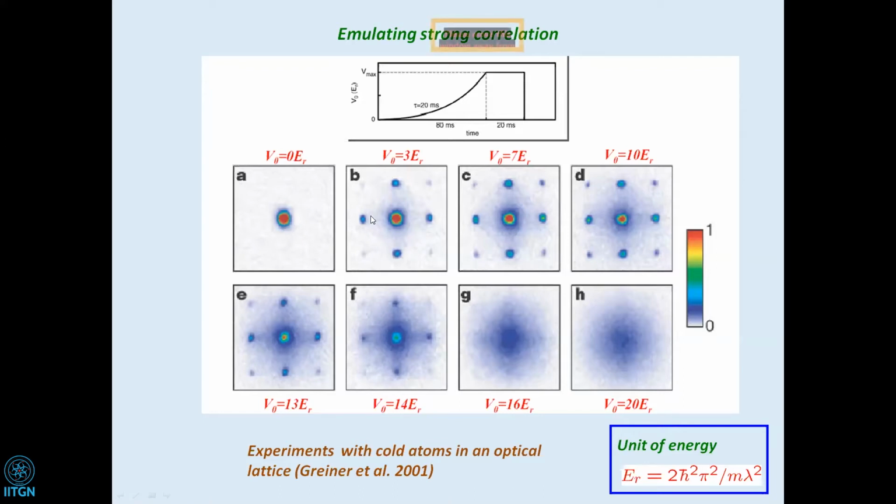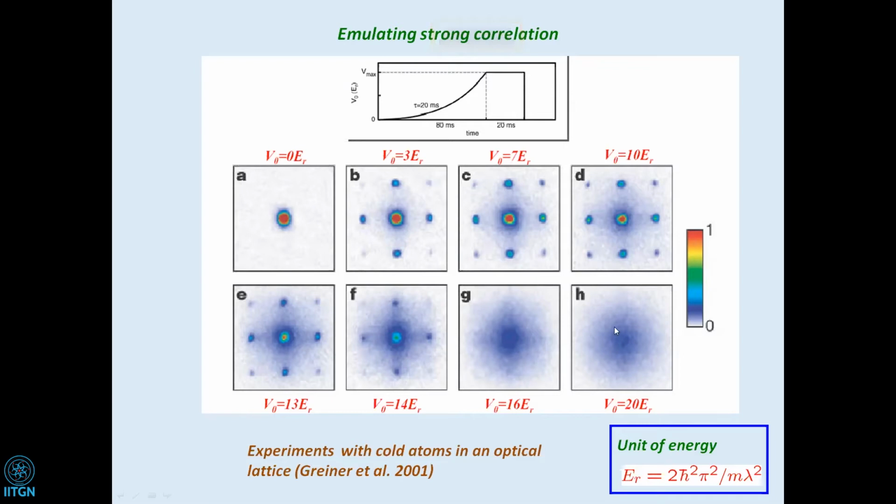As we increase the lattice, the central peak still remains and other peaks appear, because now you have a lattice, so there are reciprocal lattice vectors, and the atoms could be at those vectors. However, at around 14 times the recoil energy, E_R, which is given by this, it turns out that the central peak dies. As a result, the atom is no longer in a BEC state.